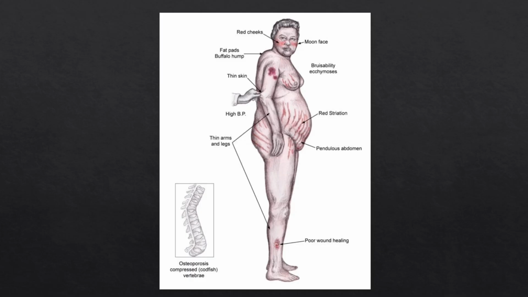So look for ecchymosis. Also, they are fat, so they will have red striae on their abdomen. The moon face, which is a circular face, you can see here in the picture, red cheeks and fat pads. Try to know the whole picture. This presentation is actually unique for Cushing syndrome.